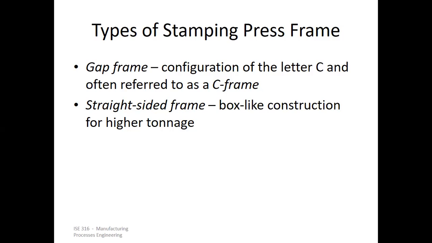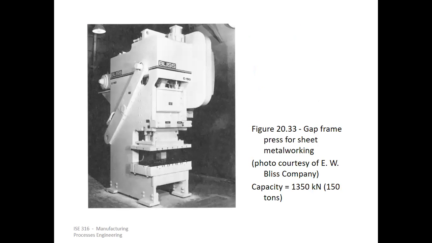It indicates the capability of the press, and therefore the press frame's ability to take more loads, the capability of handling higher loads. You see, this is a gap frame press for sheet metal working. Capacity is usually measured in tons or kilonewtons, usually in tons, right?